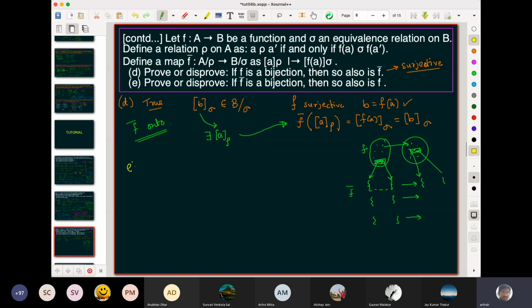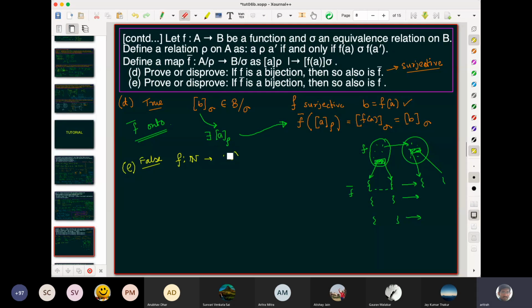So E, what do you think? The opposite: if F bar is a bijection, then F is also a bijection. Sir, it is false, sir. Counter example: sir, the function from natural numbers to the set {0, 1}, where we take the modulo 2. You are saying F is a function from natural numbers to the set with only 0 and only 1, two elements.